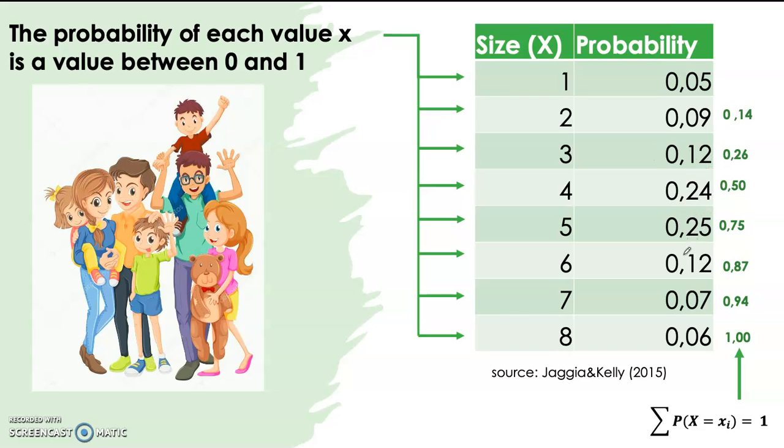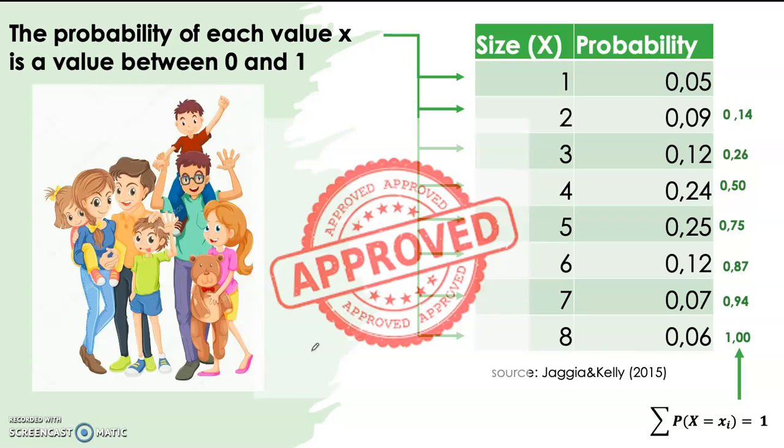You can pause the video and see the summation. At the end, it is equal to 1. So we can say that the probability distribution of our case, the number of families in India, does fulfill the properties of a discrete probability distribution.